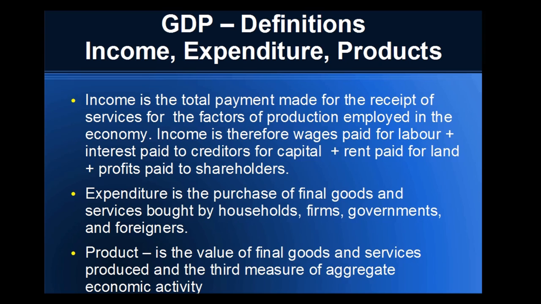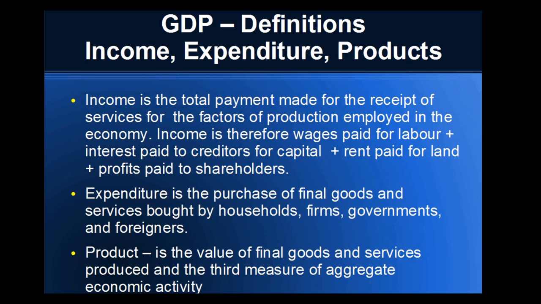Now there are three measures of aggregate economic activity. By aggregate economic activity, we mean the sum total of economic activity of a country as a whole. This basically means that we can measure gross domestic product, which is the sum total economic activity, in any of the three ways: by the sum of the expenditures, which is called the expenditures method, or the sum of incomes or total products produced in an economy.